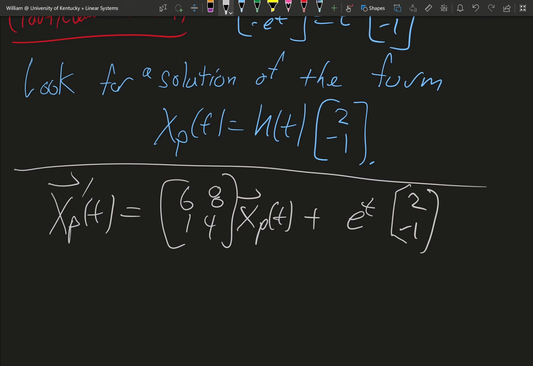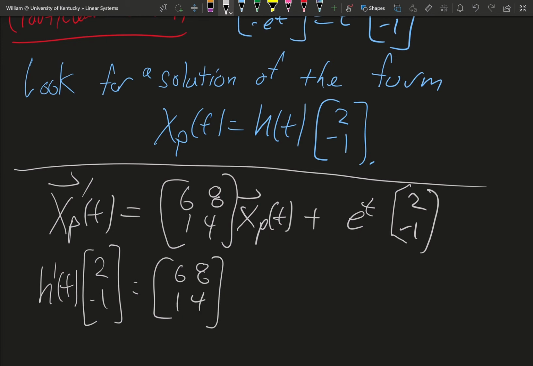I'm just taking the derivative, so I'm going to end up with h prime of t times (2, negative 1). And then here, I bring this inside just to verify that this does indeed happen.